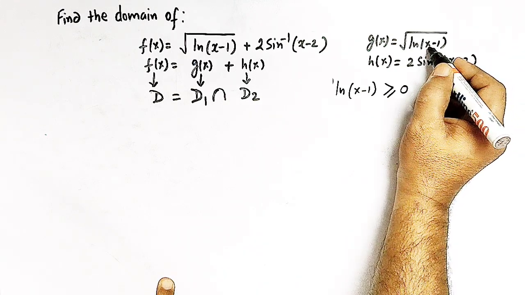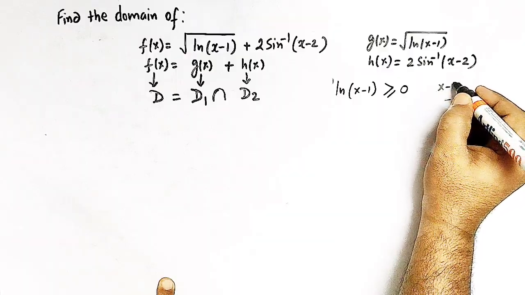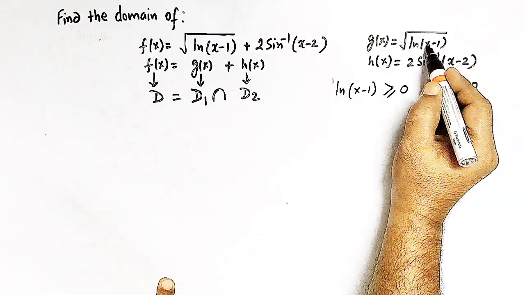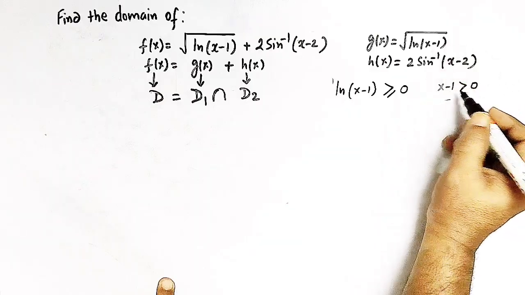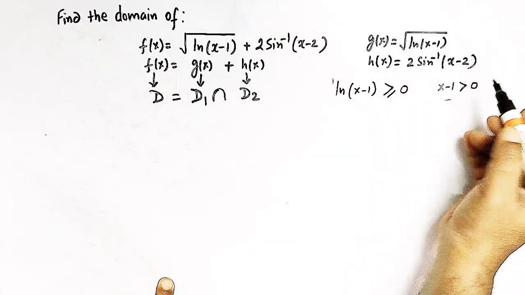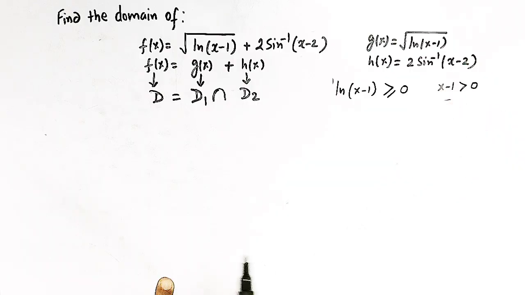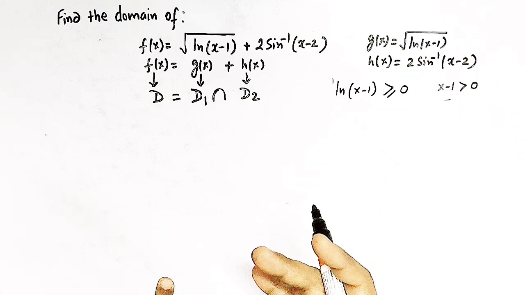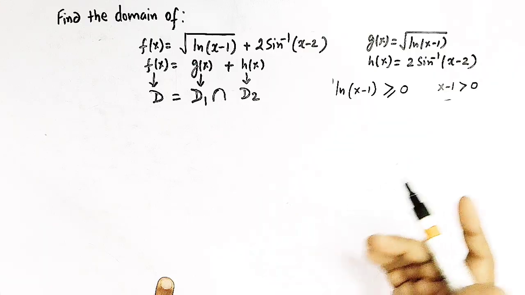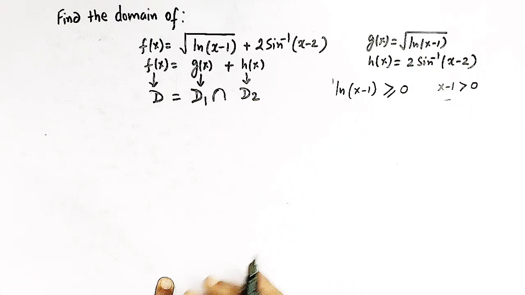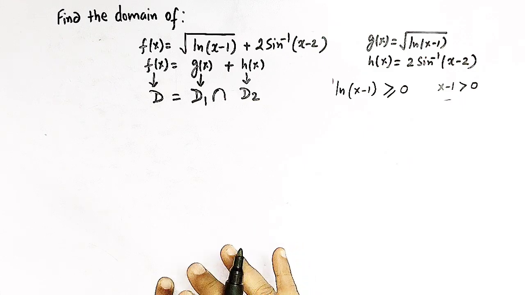And moreover here x minus 1 should be greater than 0, because x minus 1 should be a positive number so that natural log of x minus 1 is defined in the set of real numbers, because natural log of negative numbers is not defined in the set of real numbers.